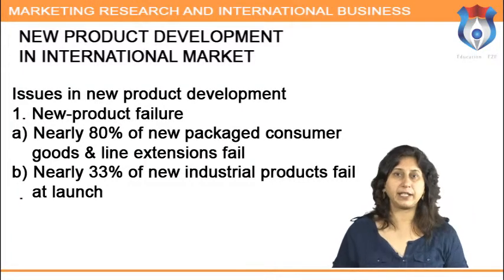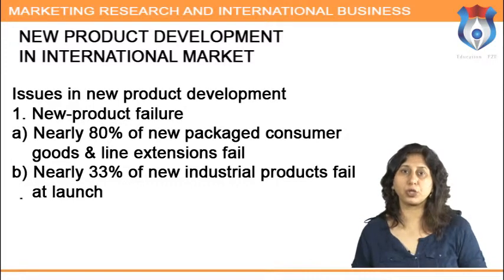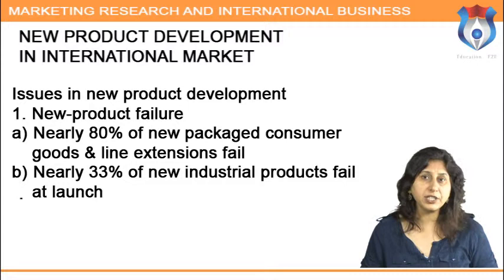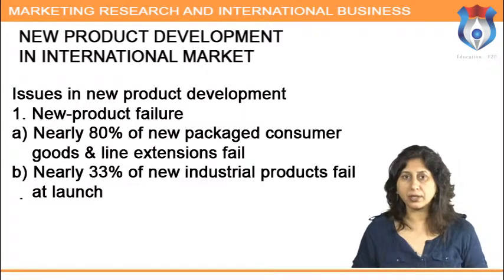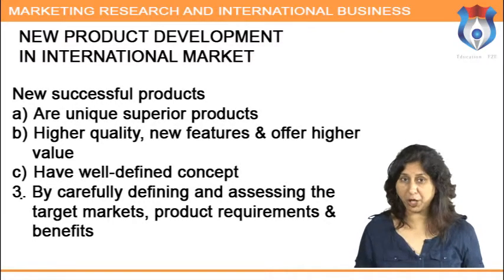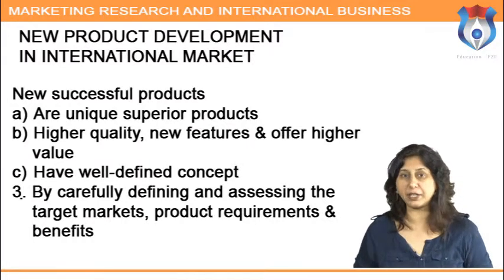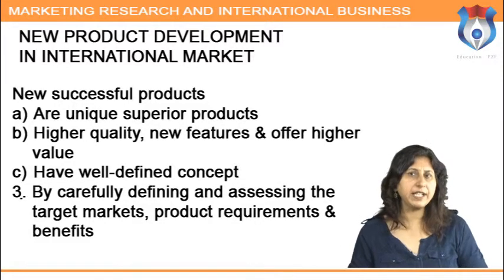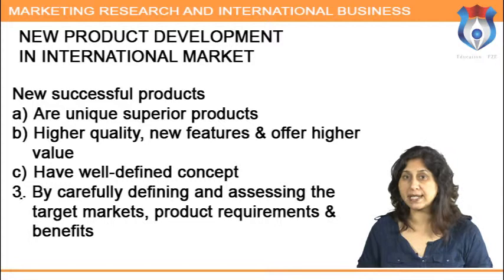Issues in new product development. New product failure. Nearly 80% of new packaged consumer goods and line extensions fail. Nearly 33% of new industrial products fail at launch. Successful new products are unique, superior products, with higher quality, new features and higher value, and have a well-defined concept by carefully defining and assessing the target markets, product requirements and benefits.